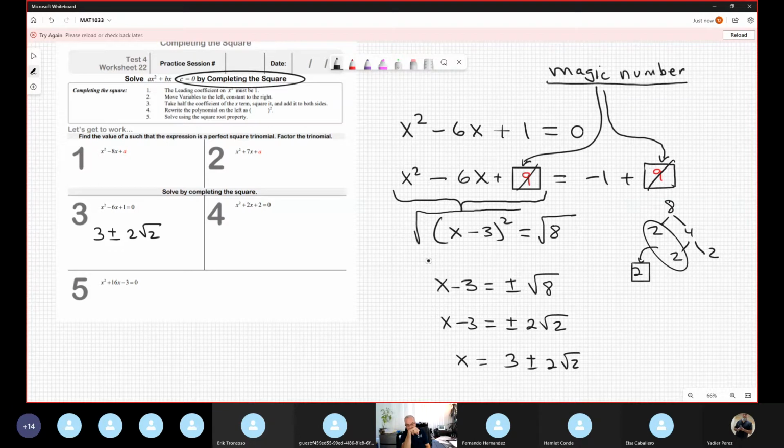Clear. Okay. I suppose that you don't like this too much, no? But this is the idea behind it. So the quadratic equation, the famous quadratic equation, is like a shortcut to condense this completed square in one equation.